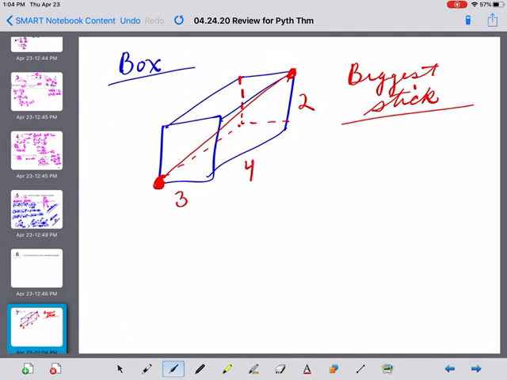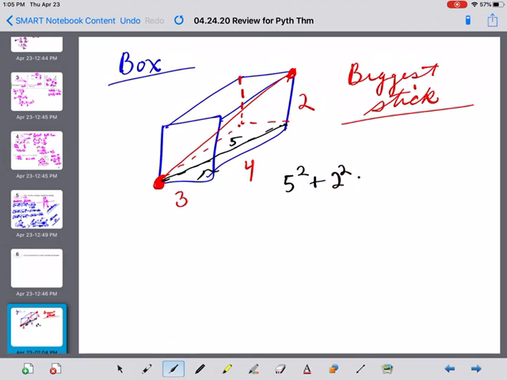And to solve for this, you're making a stand-up triangle. So we could actually get this bottom piece first. So that's Pythagorean theorem, 3, 4. Oh, that's a special, 3, 4, 5. So the biggest stick laying down is 5, but we know the stick could actually stick up a little bit.